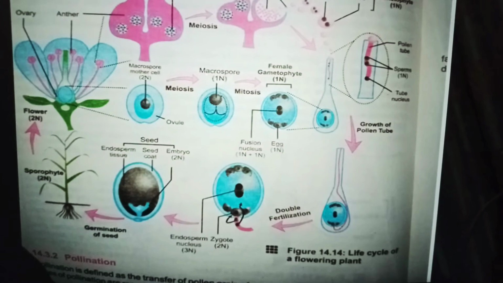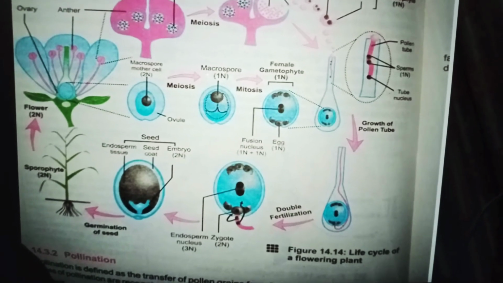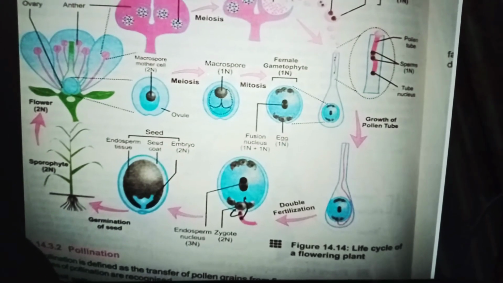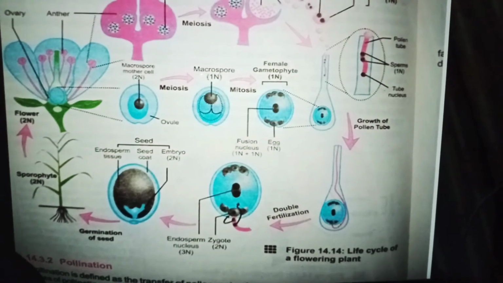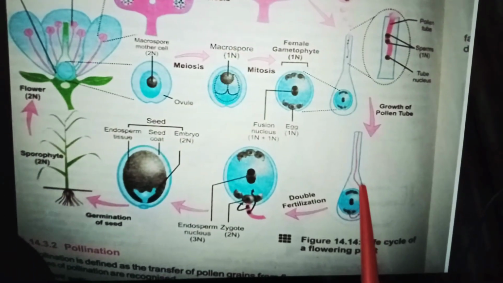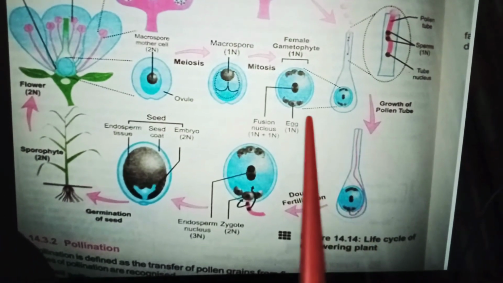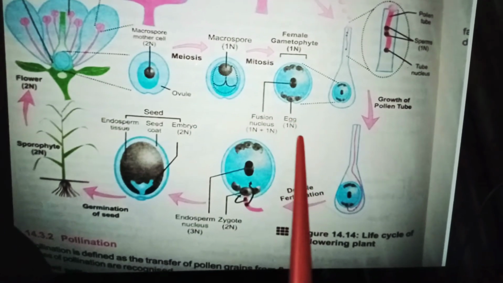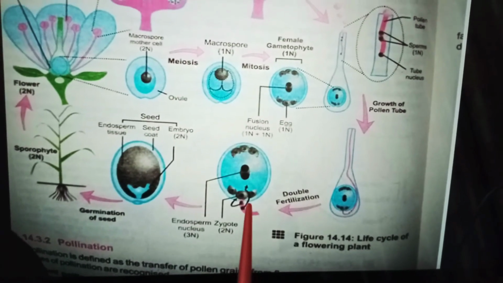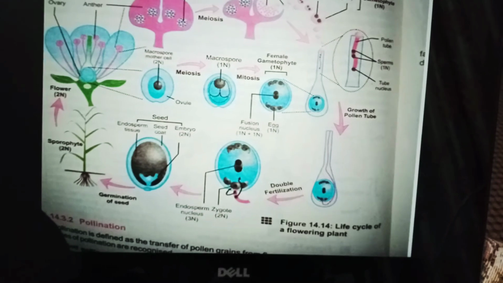Here it bursts and releases the sperms. Both sperms enter the female gametophyte. One sperm will fuse with this egg and form a diploid zygote.